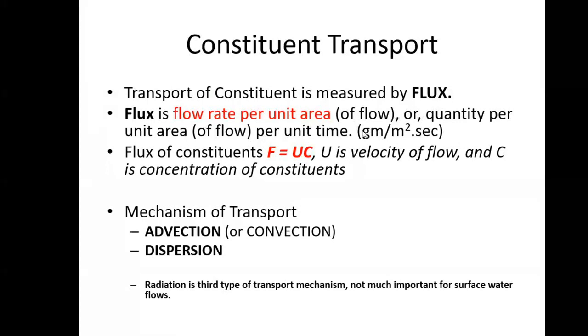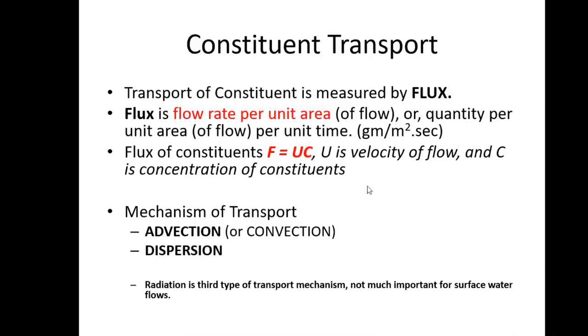So these will be the units: kg per meter square per second or grams per meter square per second, and we can easily find it by multiplying the average velocity of the flow with the concentration of the constituent. Each constituent will be separately handled. Each nutrient or each pollutant can be separately handled.